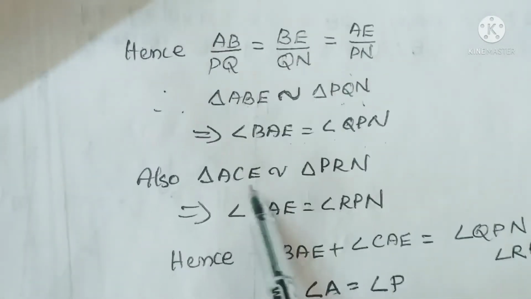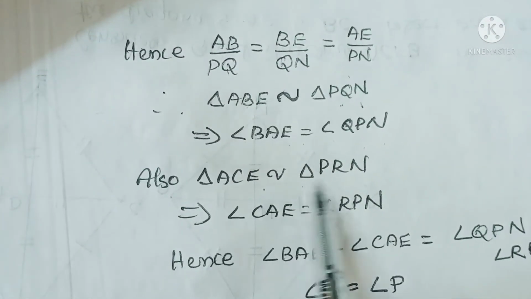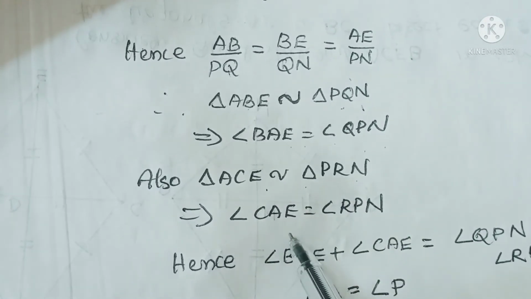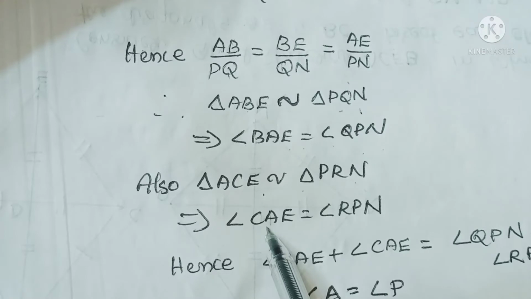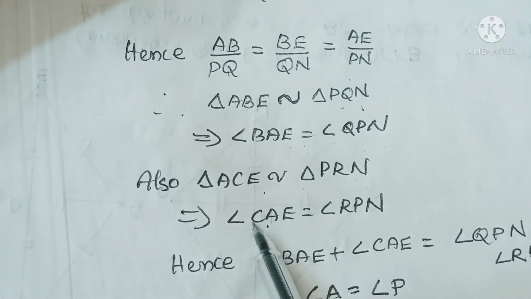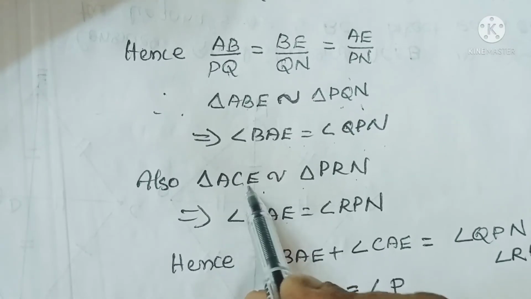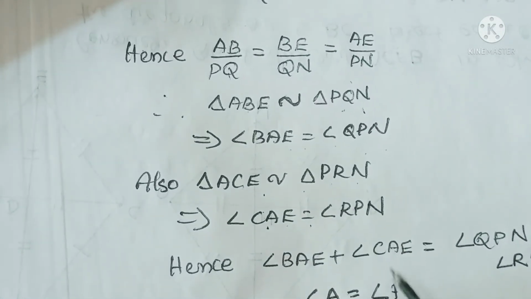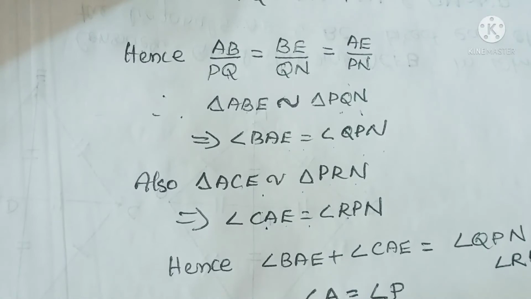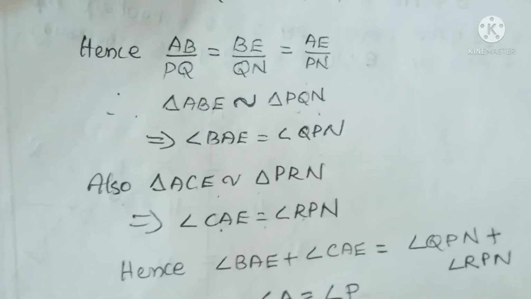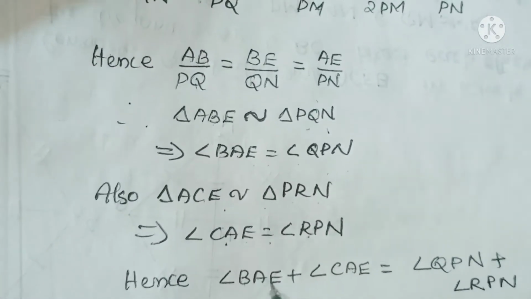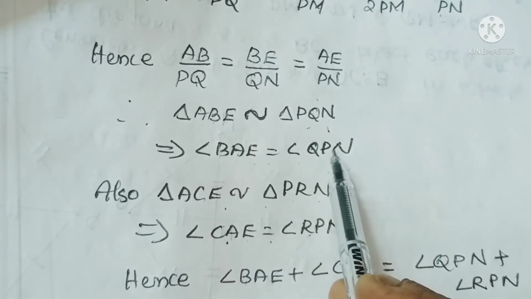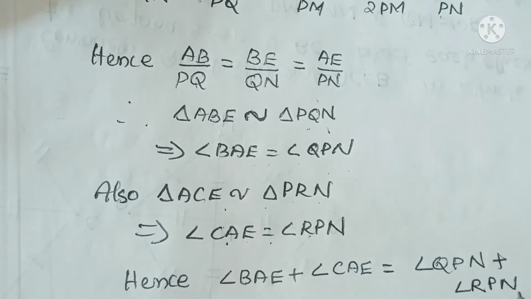Also, triangle ACE is similar to triangle PRN. Then we can write the corresponding angles, angle CAE equal to angle RPN. And if you add these two, what we will get in the figure: BAE plus CAE, since these two angles are equal to QPN and RPN.